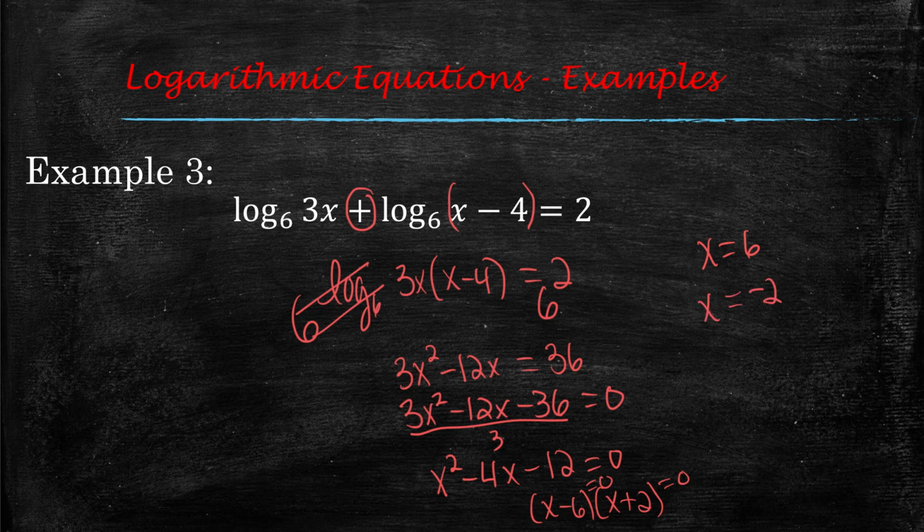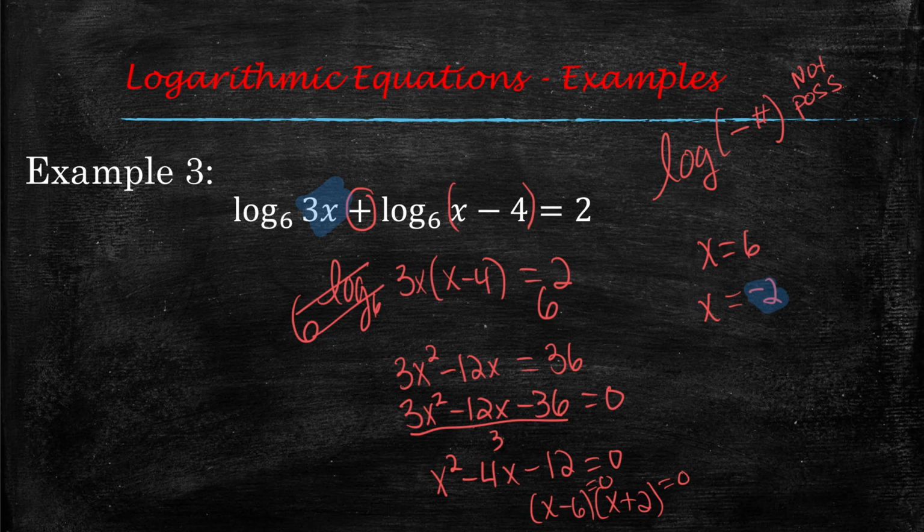Now, one thing that you need to remember is that you cannot take the log of a negative number. So if you have a log of a negative number, this is not possible. So if I plug in the negative 2 here, that's going to be 3 times negative 2, which is negative 6.